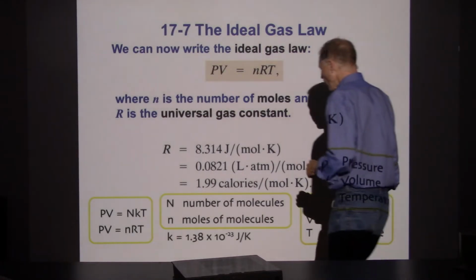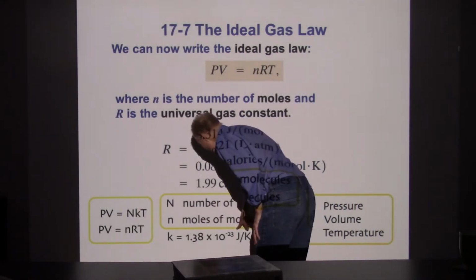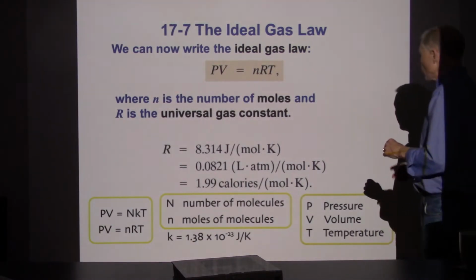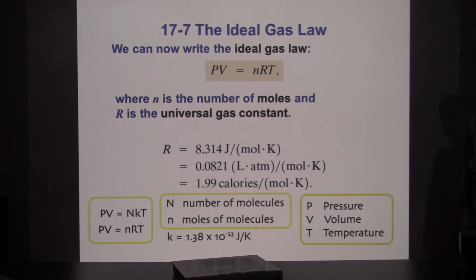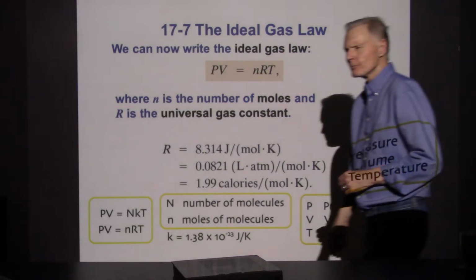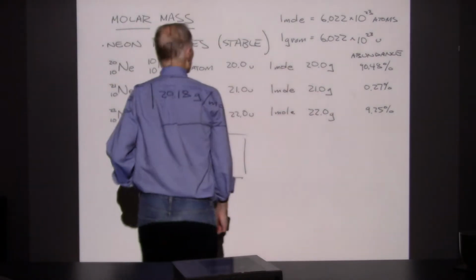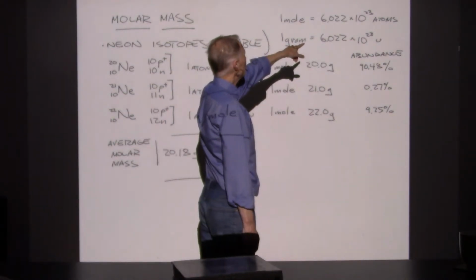And so Boltzmann's constant, 1.38 times 10 to the minus 23, there's the scientific notation. So where else did I see 10 to the 23? Oh yeah, that was in the definition of a mole.